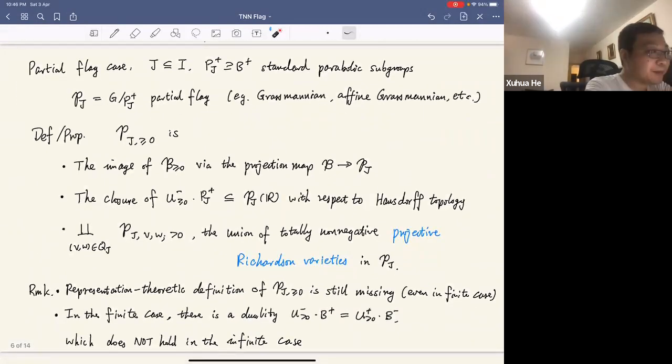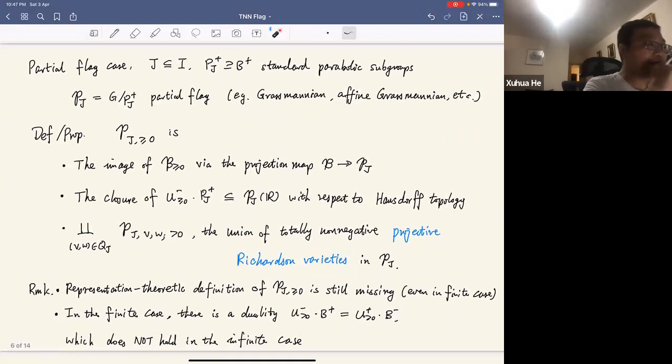So for the partial flag, what we're going to do is start with a subset of the simple roots J, and then we denote by Pj plus the corresponding standard parabolic subgroup.